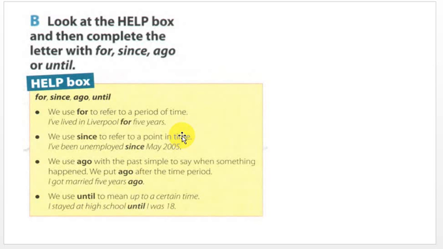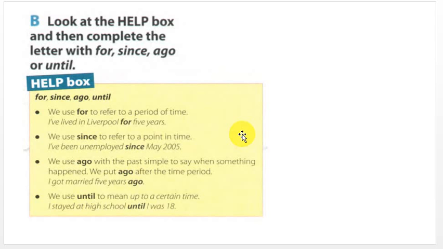We use since to refer to a point in time. I've been unemployed since May 2005. This is the point from when: 2005. We use ago with the past simple to say when something happened. We put ago after the time period.